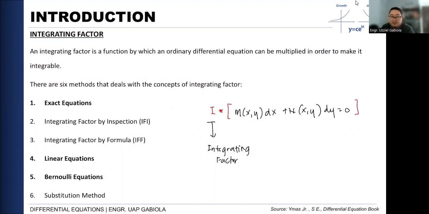As mentioned here, we have 6 methods in solving for the integrating factor. The first, the exact equation, is a primer or introductory topic needed to understand the 5 remaining methods. So we will start with the exact equation, and then go to the linear equation and Bernoulli equation.